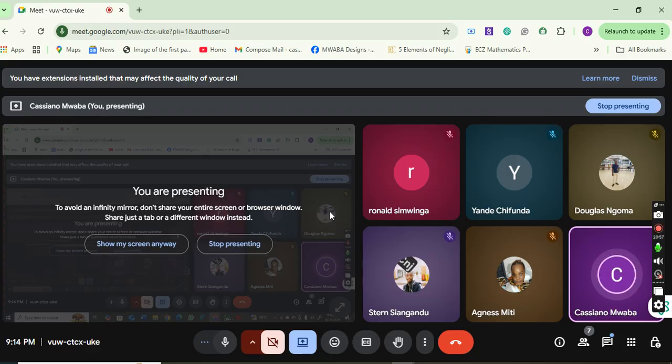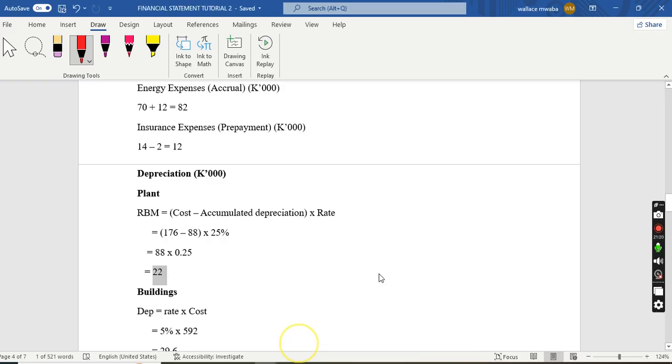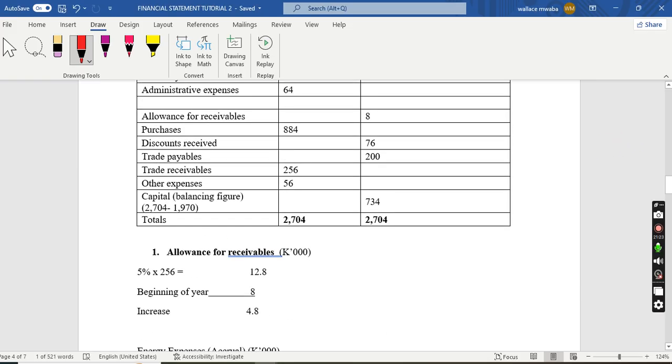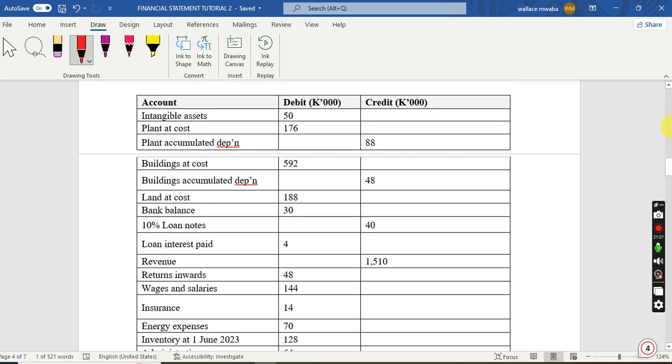So just remember, cost minus accumulated depreciation, which gives you the net book value of the asset, times the rate. With the reducing balance method, as the years go on, the depreciation expense is reducing. With the other method, the depreciation expense is just the same every year.